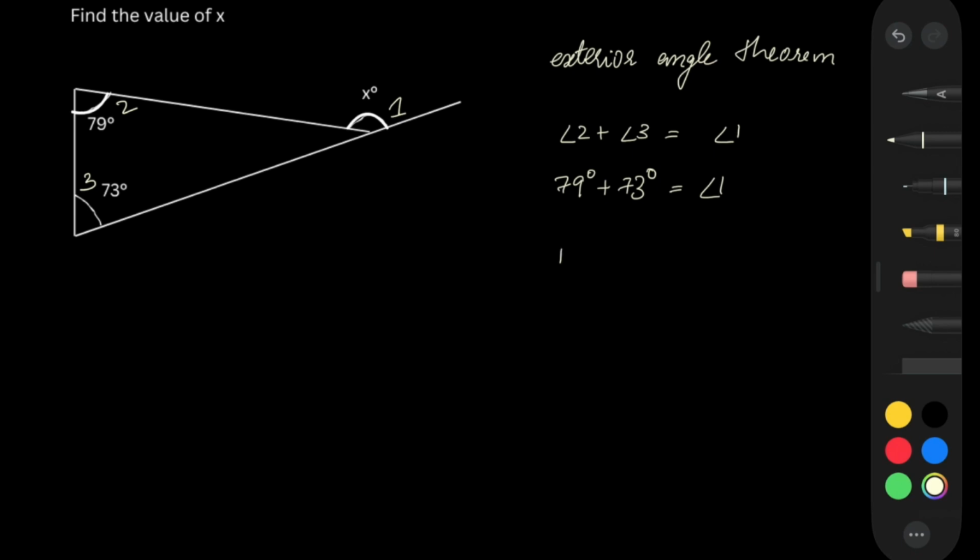So we get 152 degrees is equal to the measure of angle 1, which is the value of x. So x is equal to the measure of angle 1, which is 152 degrees.